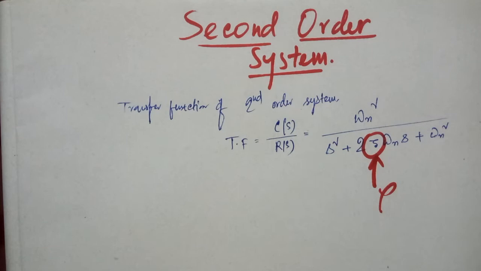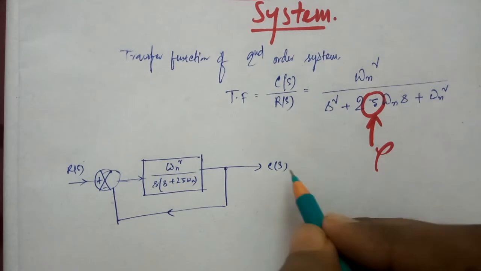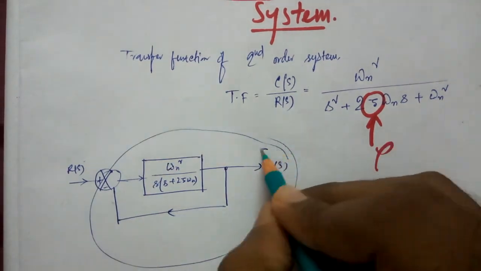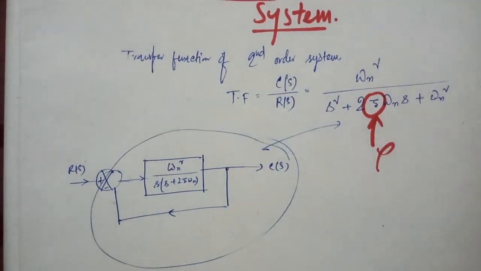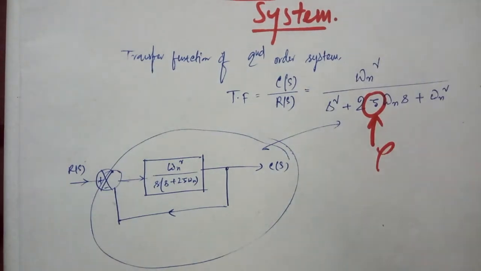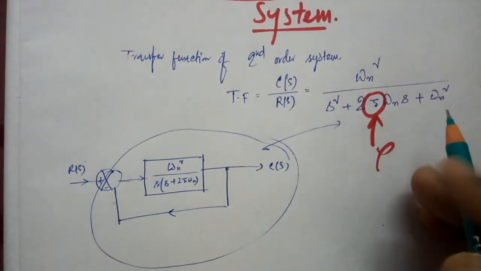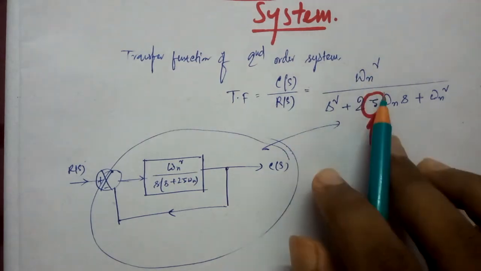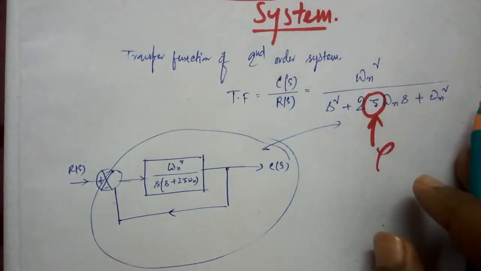So how does it come? This actually comes from this block diagram, and after finding the transfer function we will get this. Now you have to understand the meaning of every term in the numerator and denominator.